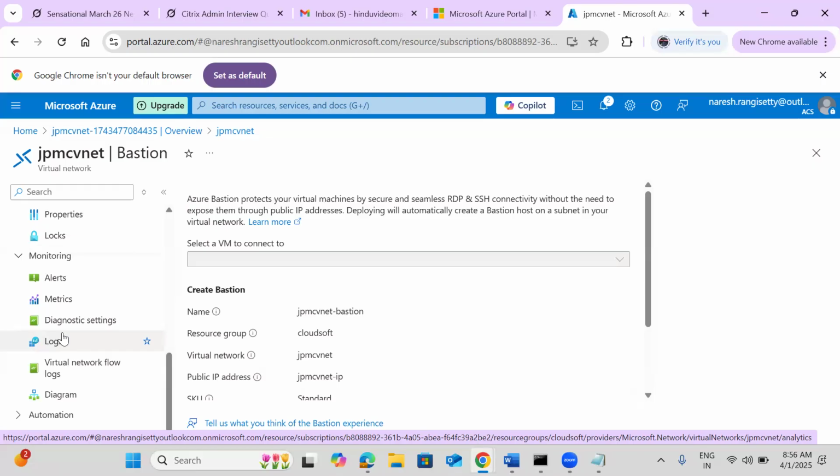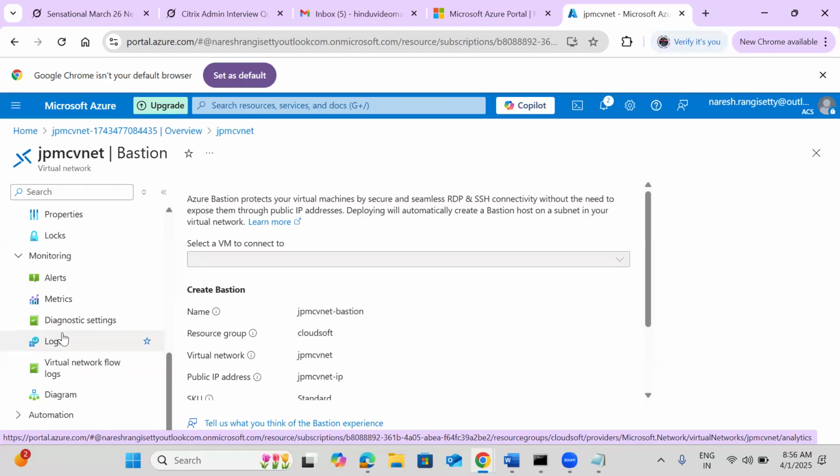Okay, so it's more secure compared to service endpoints. We can create either a service endpoint or a private endpoint.